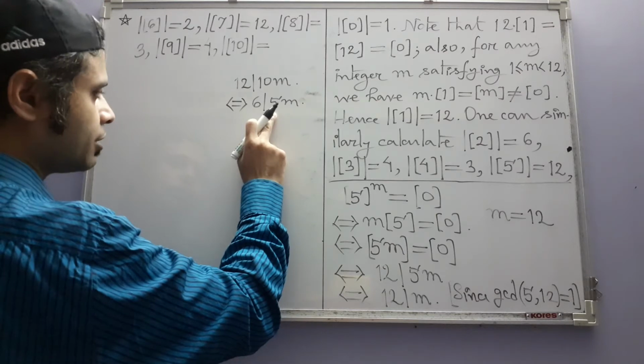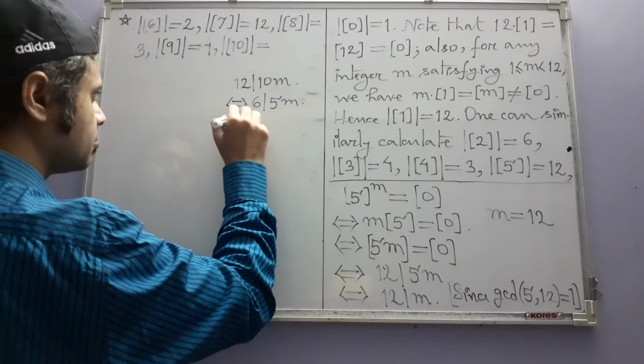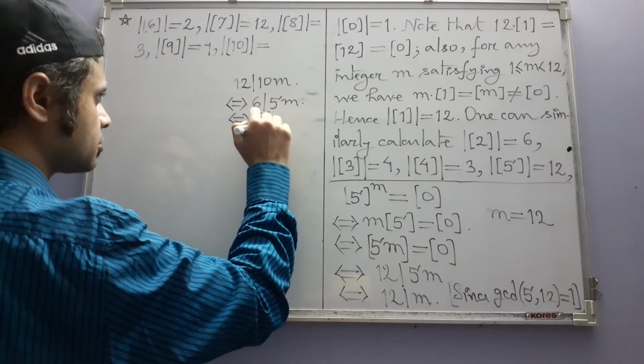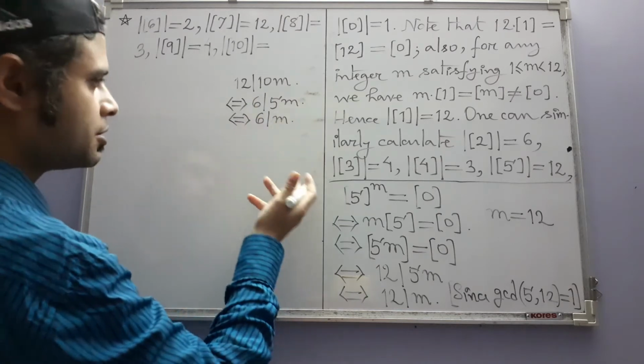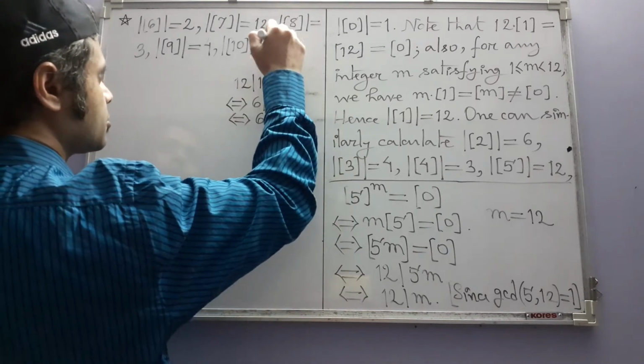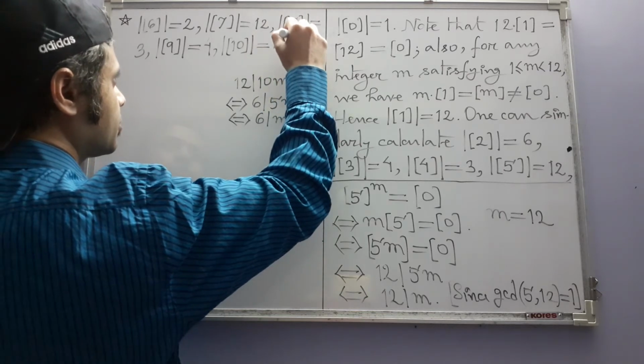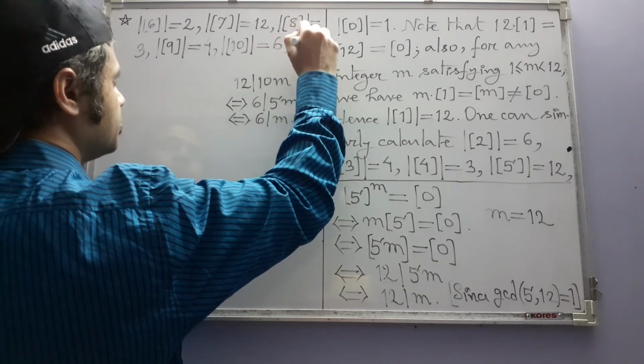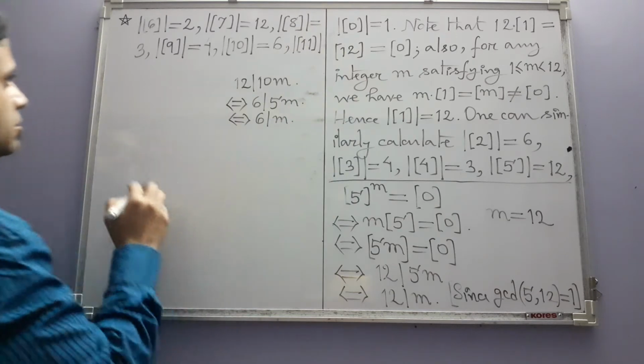And 6 and 5 are relatively prime, so 6 has to divide m. So that means n must be 6. The smallest positive n is 6. So this is 6. And finally, this is 12.